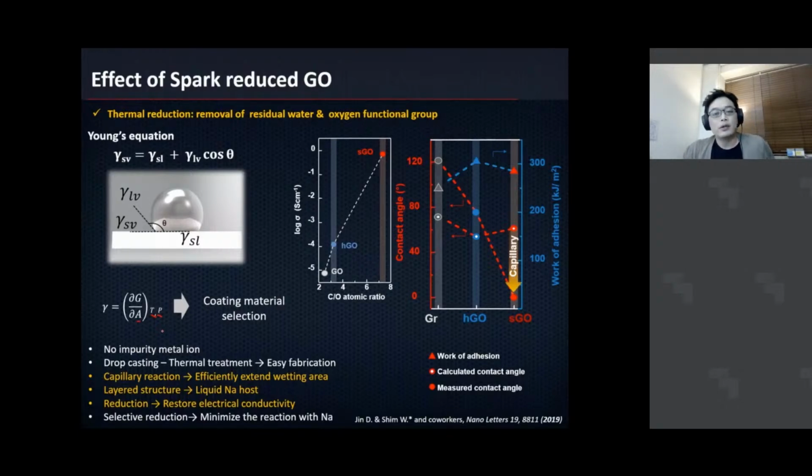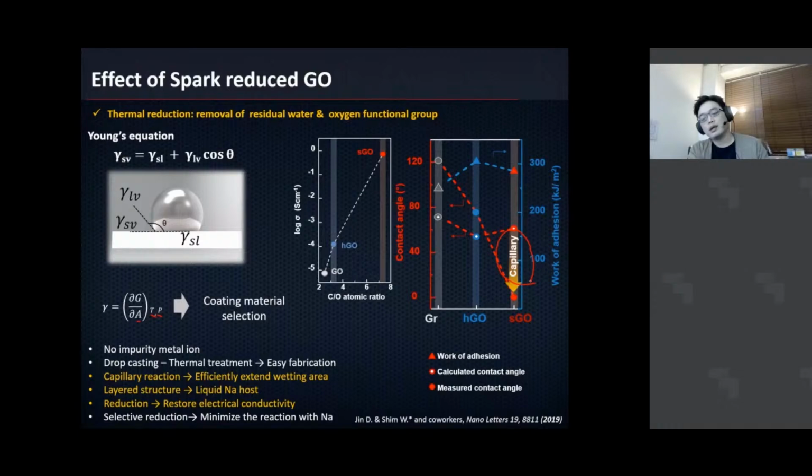Okay. So what you can do with the graphene oxide, with a gap between the layers larger than 5 angstrom, is activate the other force, which is capillary force. So you can soak up the liquid into the graphene oxide, which is not related to the surface energy.